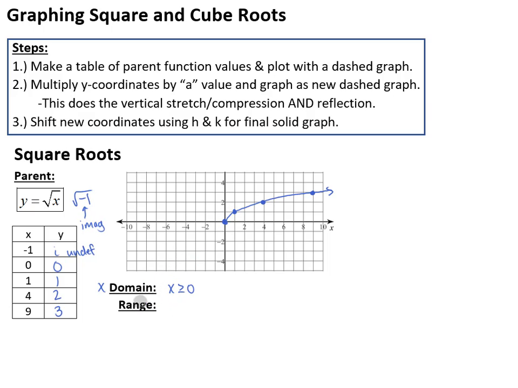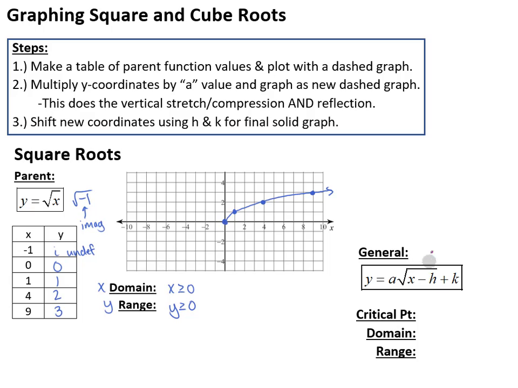For the range, which remember has to do with y, the up and down movement of my graph, my graph does not go down forever, but it does continue up forever. So it has a lowest point here and then continues up forever. In this case, that lowest point happens to also be 0. So my y values all have to be greater than or equal to 0.